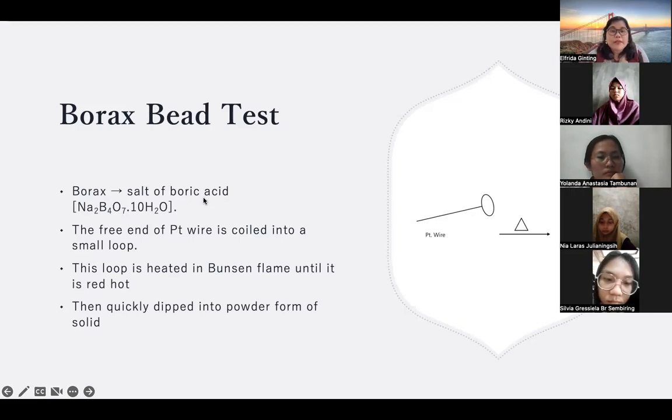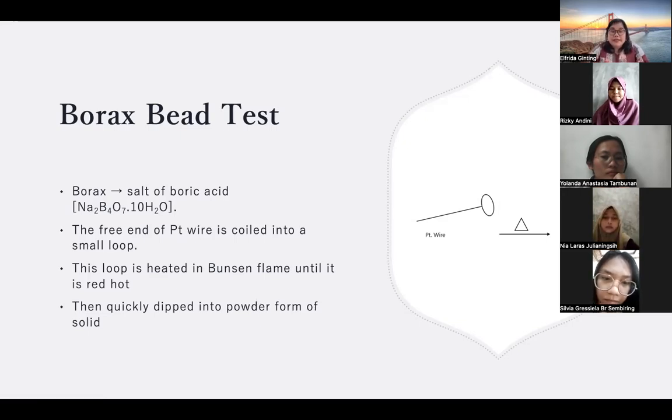So what you do is you have a loop like this that is made of platinum. You heat it until it has a flame in this platinum, and then you dip it into the powder.